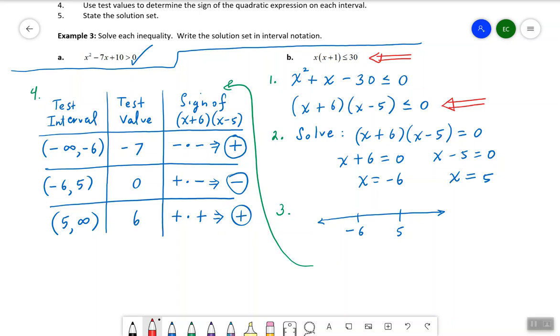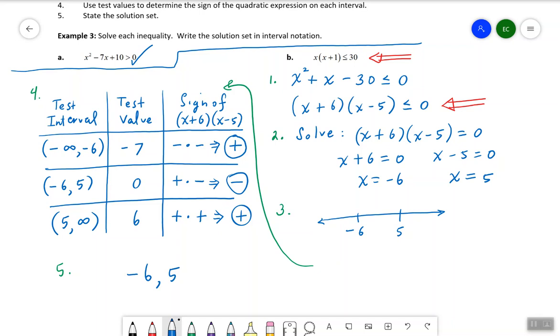And then when is the product less than 0? Well, less than 0 means negative. So the product was negative just on this one interval in the middle from -6 to 5. And so the conclusion would be from -6 to 5.